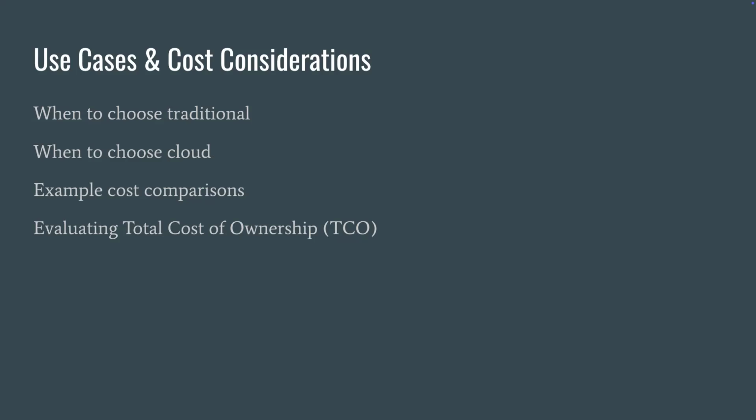Use cases and cost considerations. So now you've learned about cloud and traditional databases. How can you decide which model is right? You usually want to choose traditional databases if your organization has a significant existing data center investment, strict latency or data governance requirements, as well as a stable and predictable workload.